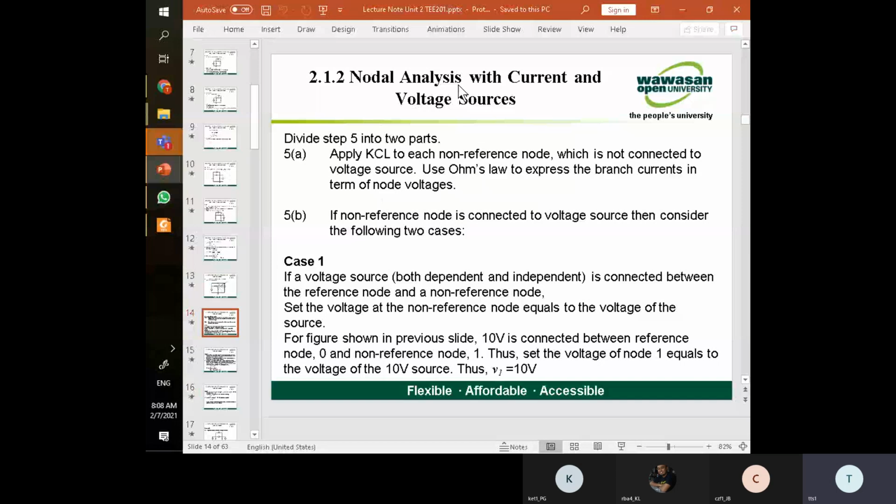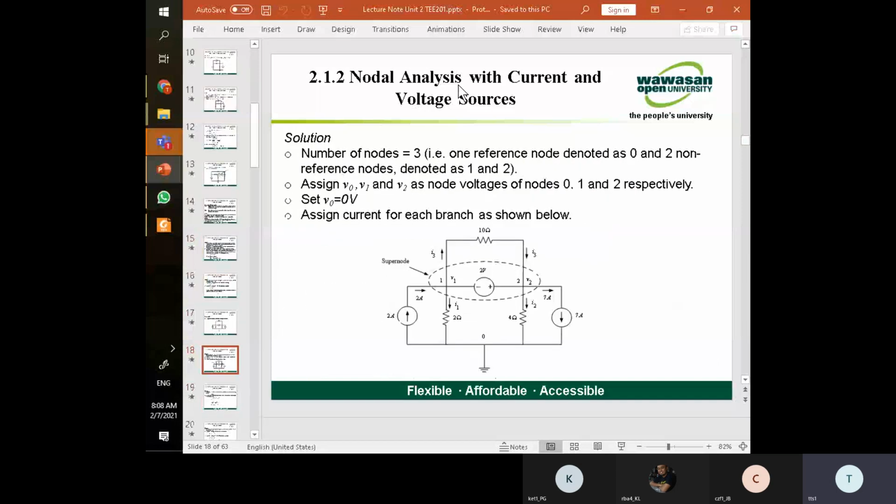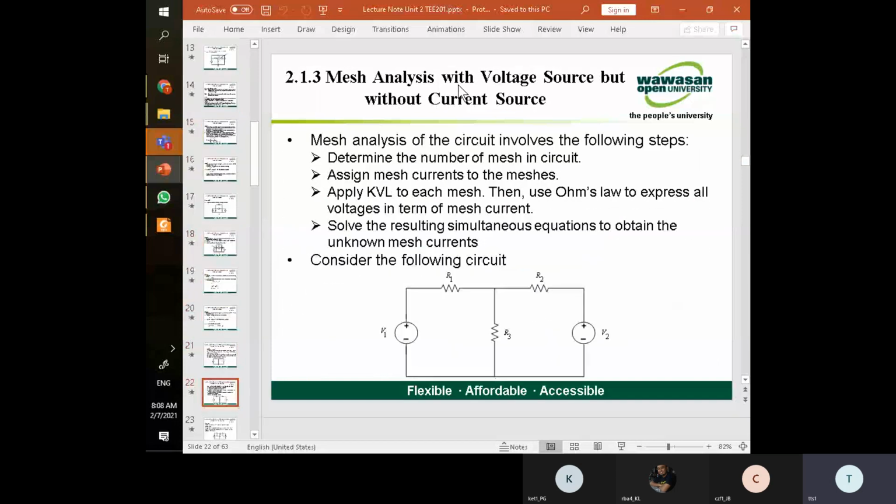After this nodal analysis, we have another one called the mesh analysis. The mesh analysis basically uses the KVL because it sums all the voltages around a loop. Sometimes they call a loop a mesh also.